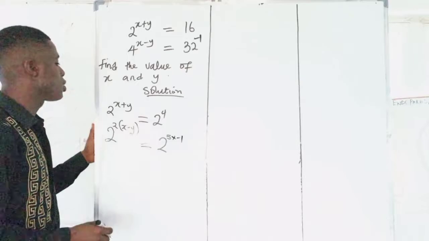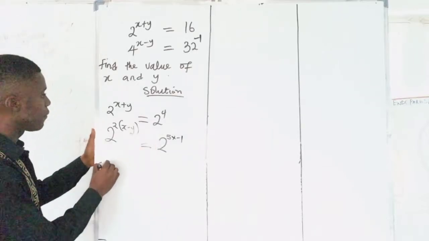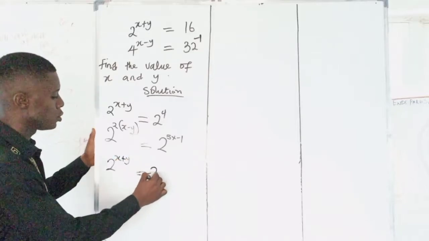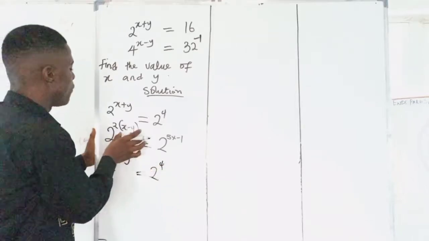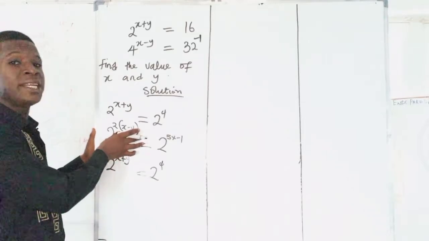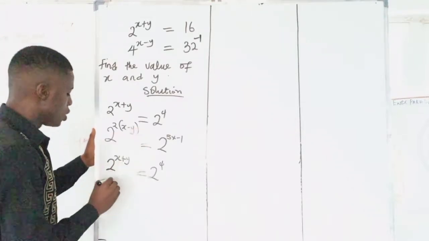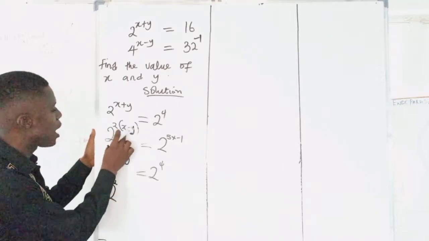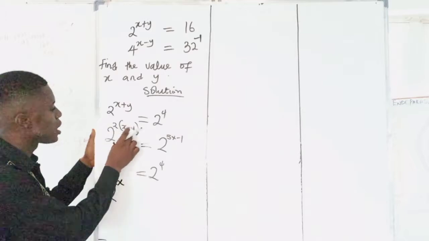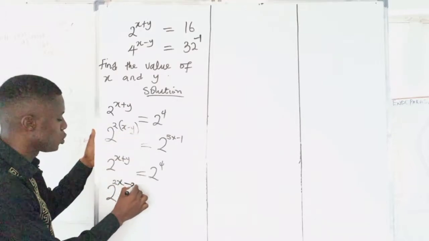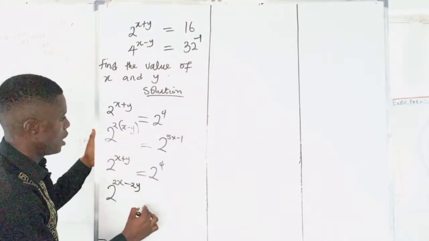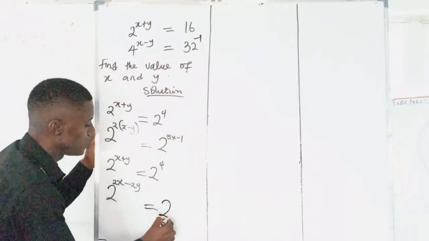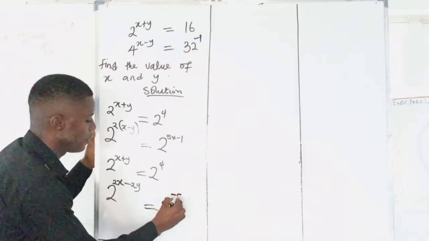To simplify this, I have 2 raised to the power of x plus y is equal to 2 raised to the power of 4. If I come down to the second equation, I need to open up this bracket. So I have 2 raised to the power of 2 times x, which is 2x, 2 times minus y, which is minus 2y, equal to 5 times minus 1, which is 2 raised to the power of minus 5.